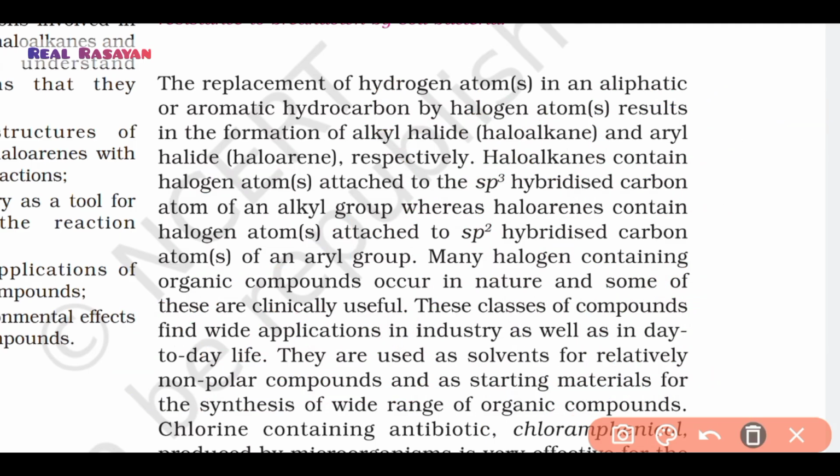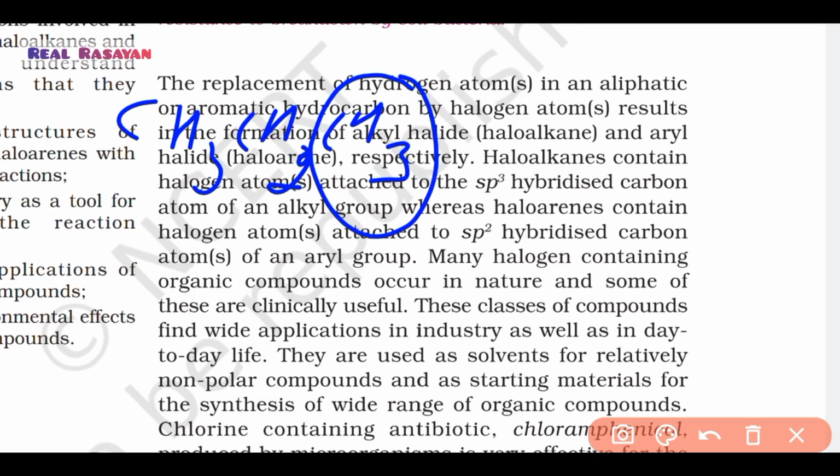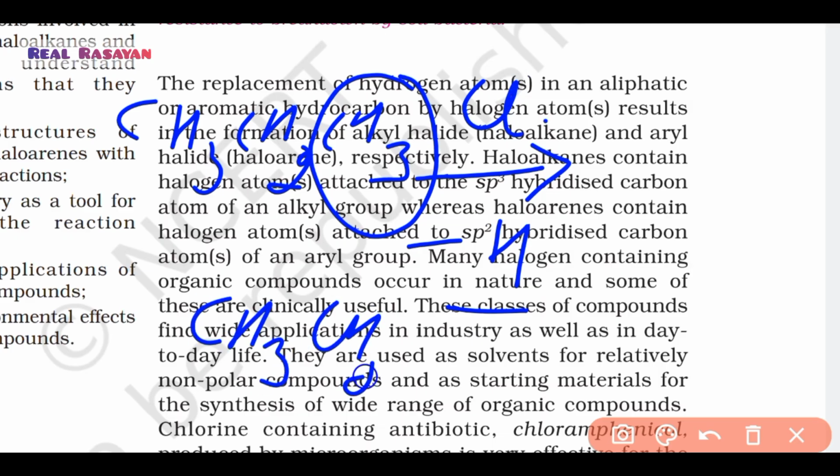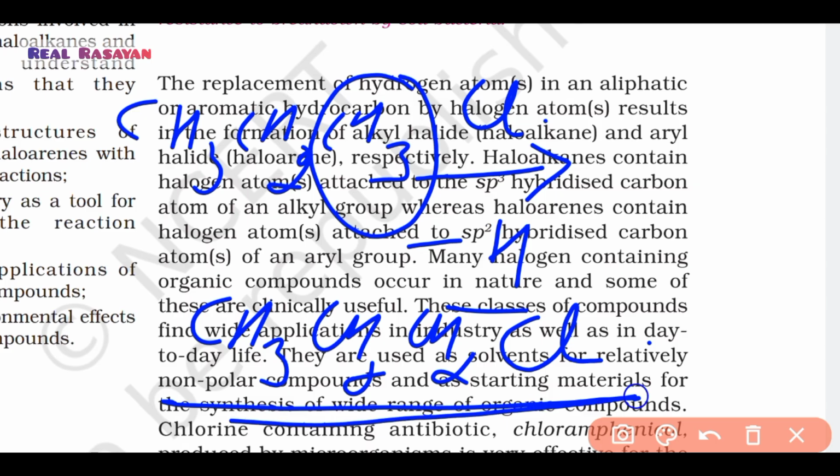So suppose we replace one hydrogen atom of this CH3 group with a halogen atom, then it will be CH3, CH2, CH2, Cl. So it will change into a haloalkane. The name of this haloalkane is chloropropane.